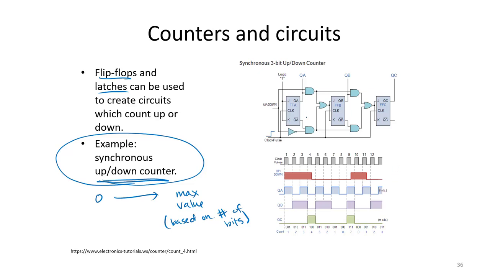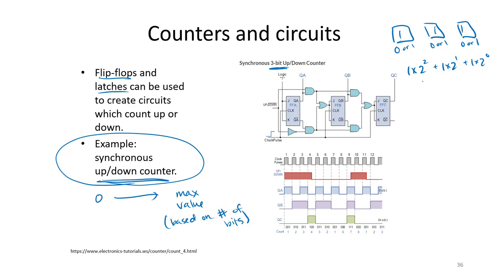For example, if this is a 3-bit up-down counter, I have 3 bits that can be 0 or 1. If all my bits are set to 1, I can count 1 times 2 to the second, plus 1 times 2 to the first, plus 1 times 2 to the 0.